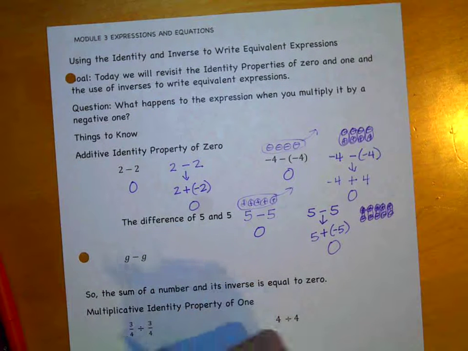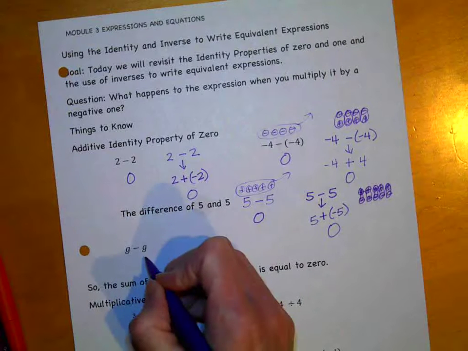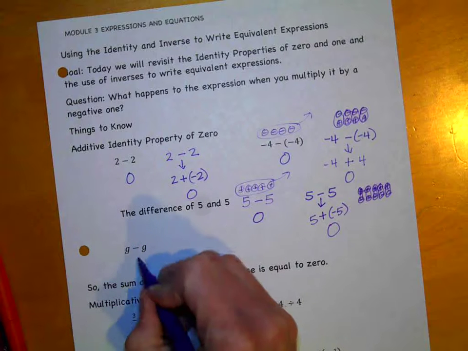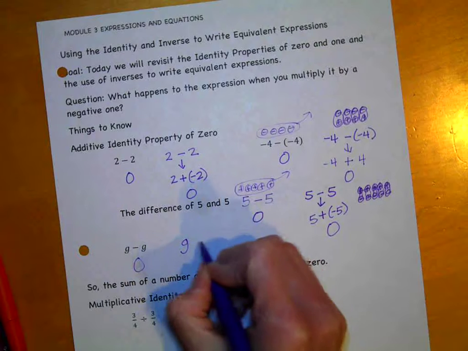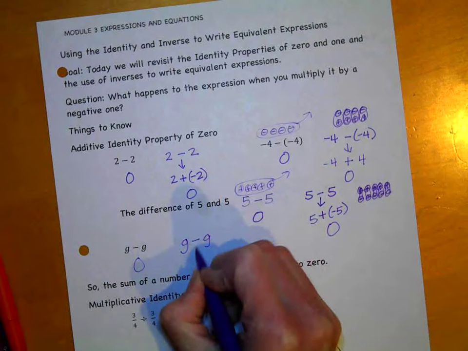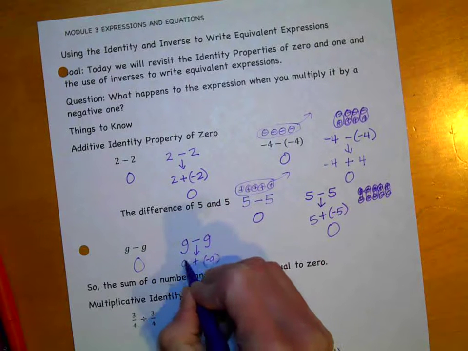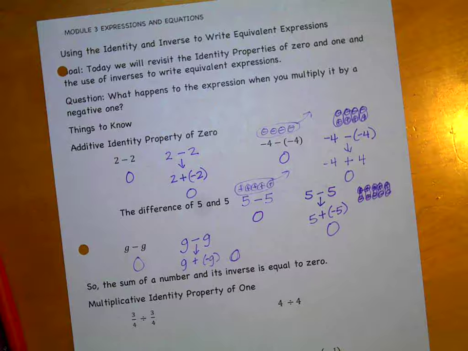Now, does it work when we don't actually have number values? Does it work when we're doing that to variables? The answer is yes, because you have g of something, and then it says take away that something, and you're left with 0. And we could also say that g minus g is the same as adding a -g. So if I have g and I add -g, I'm still going to end up with 0.